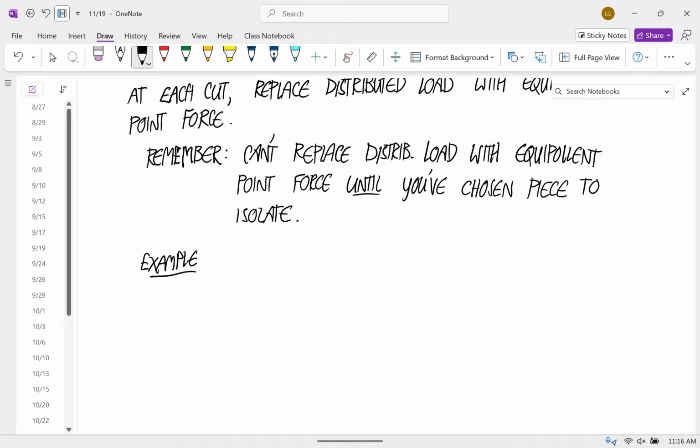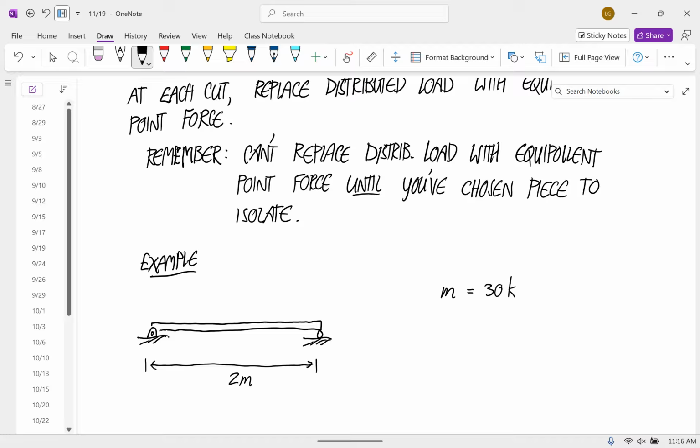Okay, so let's say we have a pin over here. A roller over here. Let's say that the length is 2 meters. The mass is 30 kilograms. And we want to calculate the internal loads.